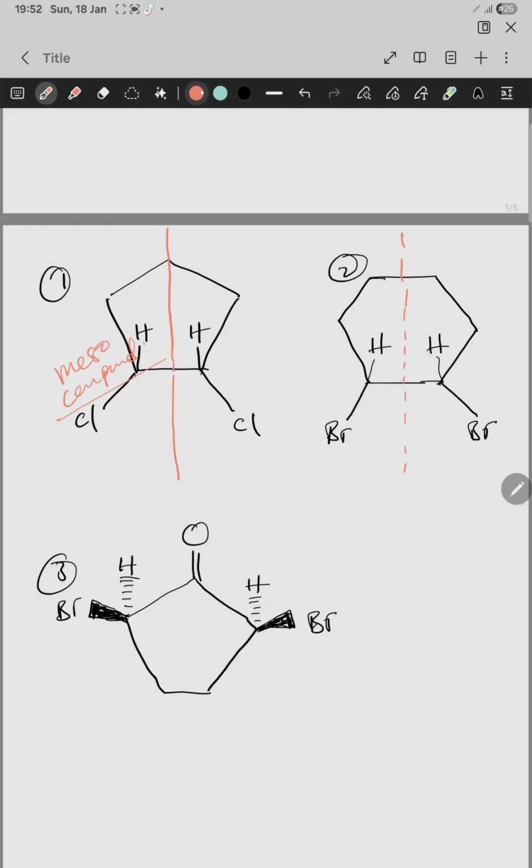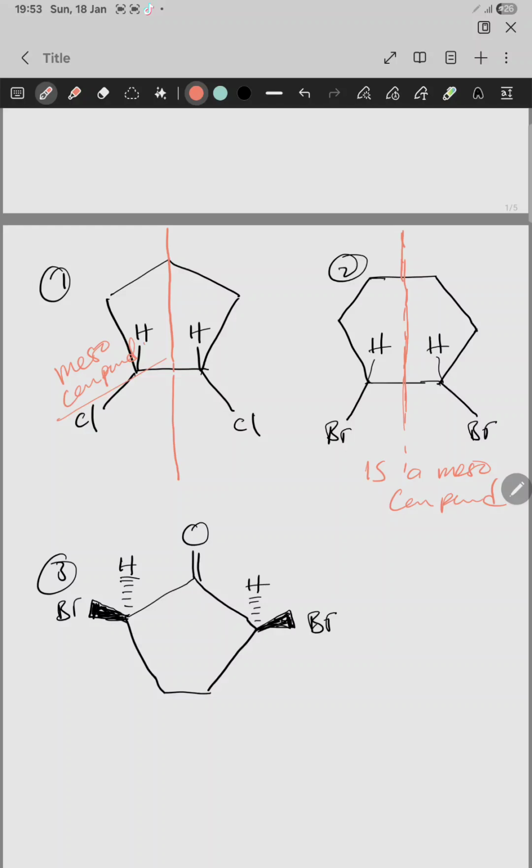So this one also is a meso compound because it has that internal line of symmetry, that inner plane, a line which is inside that particular compound given to you.